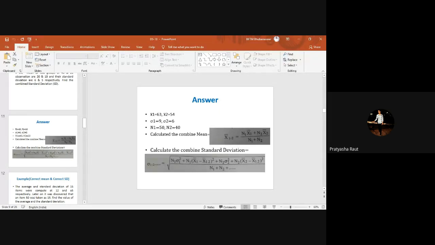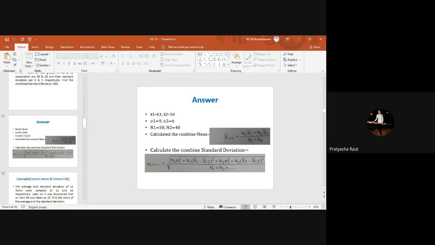So what is the value of x bar 1? It is 63 minus the combined mean 59, whole square. That is 63 minus 59, which is 4 square, that equals 16. 50 into 16. Is it clear?